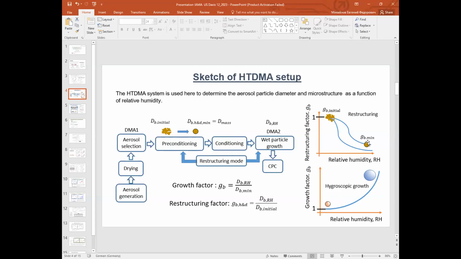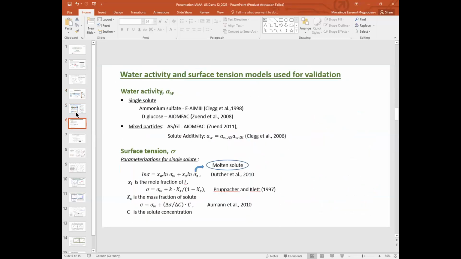It's very important. The next stage is the hygroscopic growth measurements, which is calculated as the ratio between the mobility diameter at a given relative humidity and the initial one. So when we use the differential Köhler analysis model, we reproduce water activity and surface tension, and after that we compare our data with a model.